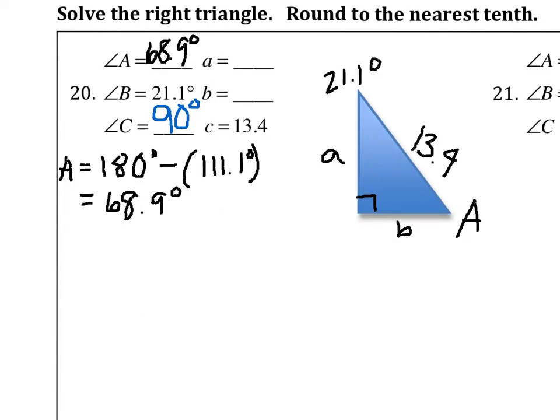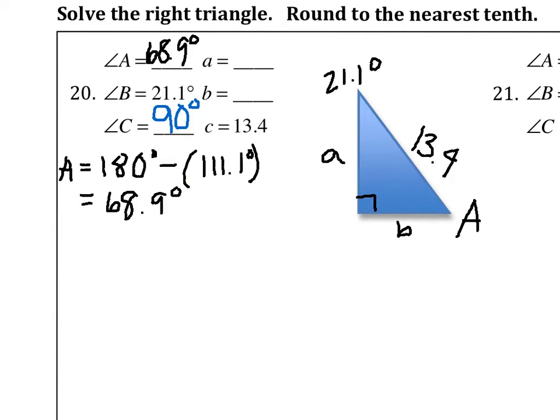Since we know two of the angles, I started off by using our triangle sum theorem and knowing that all three angles have to equal 180. So I did 180 minus 111.1, and 111.1 is the sum of the other two angles. So we end up getting that angle A is 68.9 degrees.